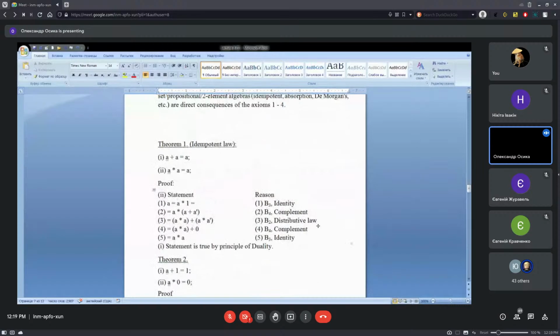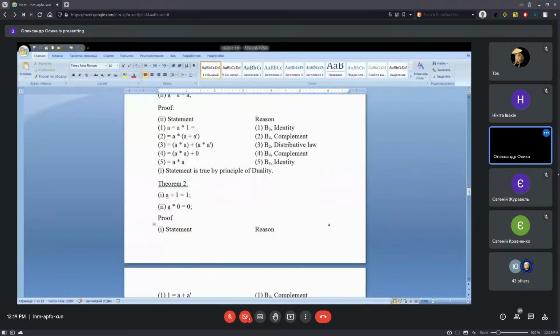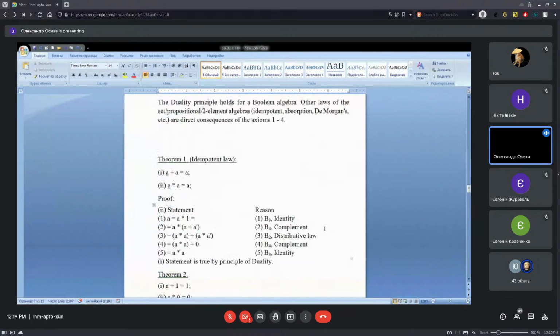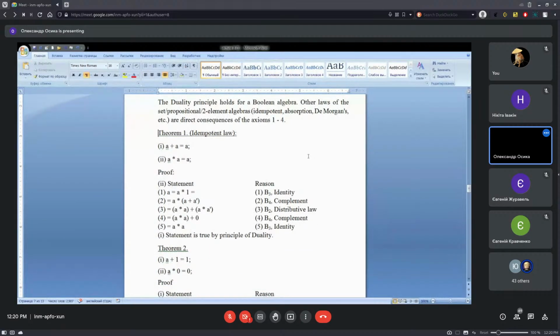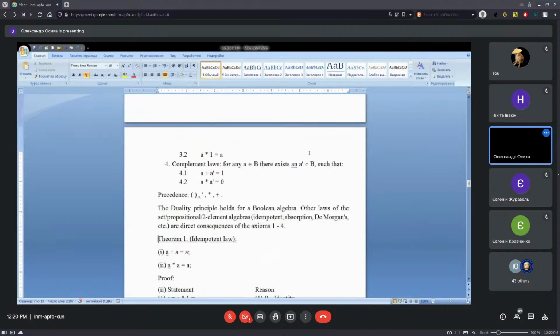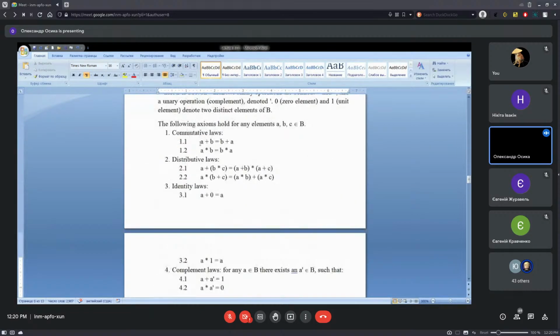Okay, and here I can show you how we can prove it. Theorem 1, idempotent law. Do we have it here?